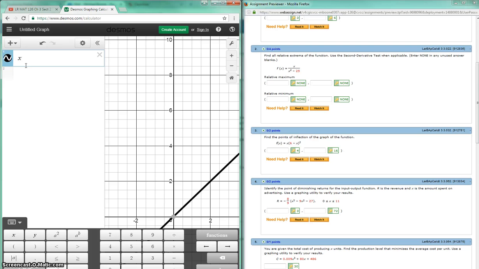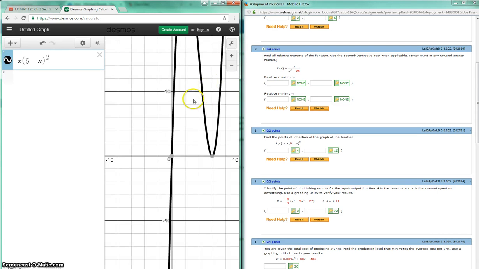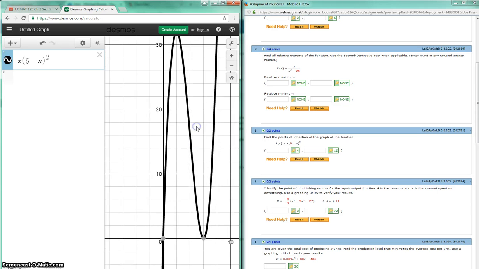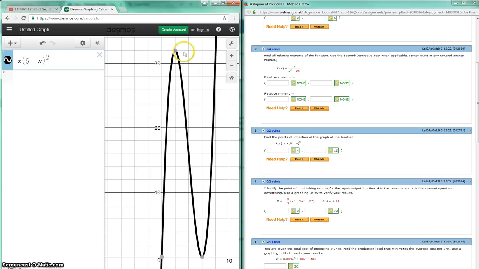This is something that would probably be more easily found. So if this is my, oh, and that's very similar to what I just had. But we would take the second derivative, set it equal to 0, and we'd find the inflection point somewhere around here. That's where it changes concavity.